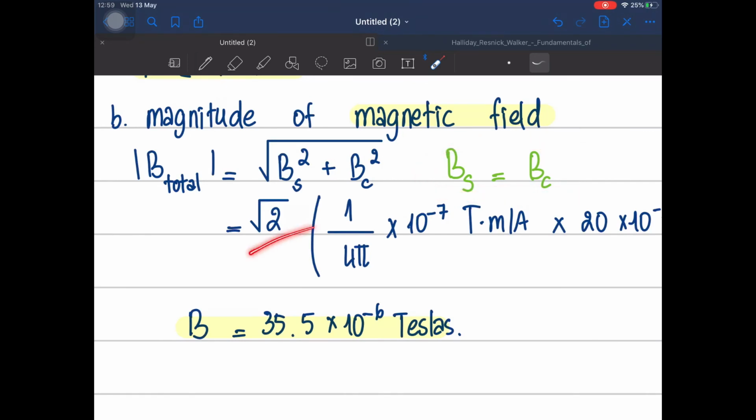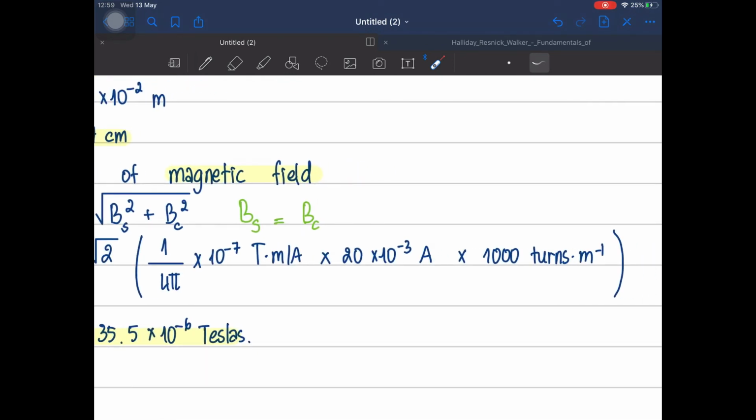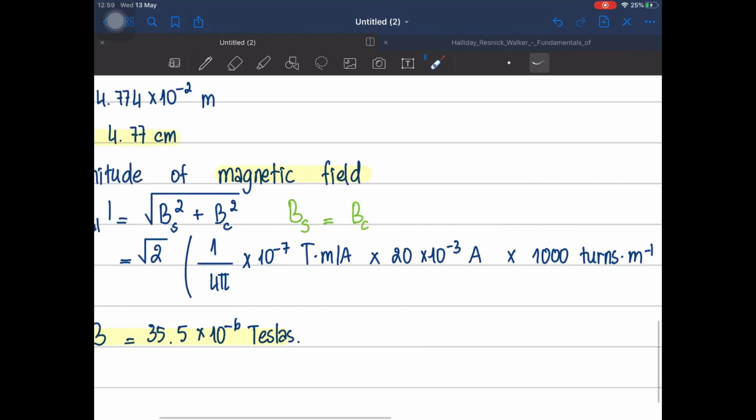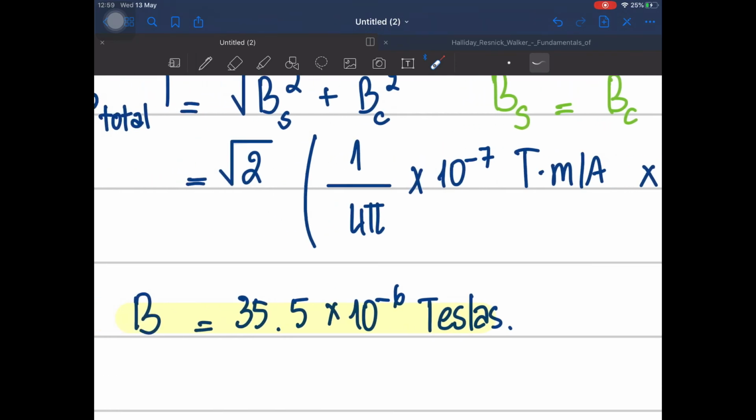So we have root 2 as the factor, and we calculate the remaining part. For the remaining part, we can either use this one or this one that we found earlier. The answer will be exactly the same, because they are equal, right? This is the answer of this one. Thank you.